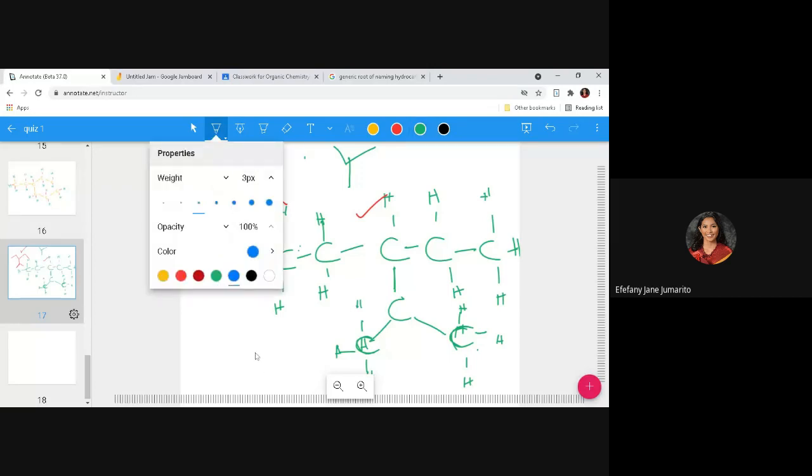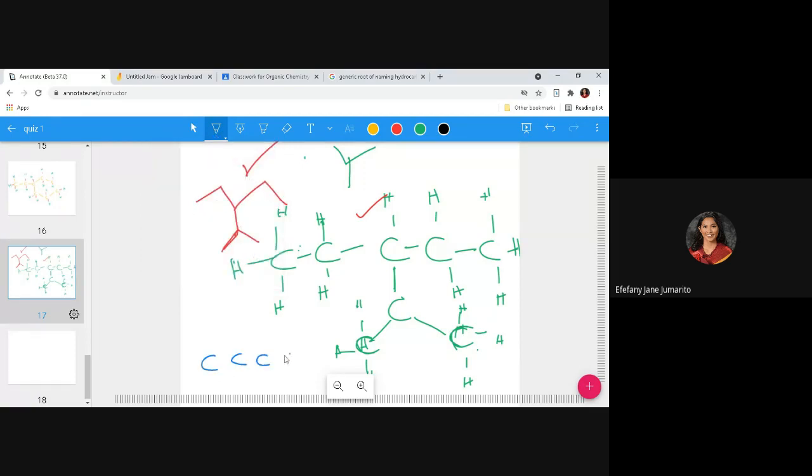For the condensed, so we will have 1, 2, 3, 4. Makita? And it is in 3. 1, 2, 3. Then that's easy. Okay, we have that one.